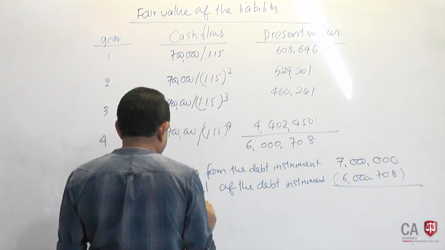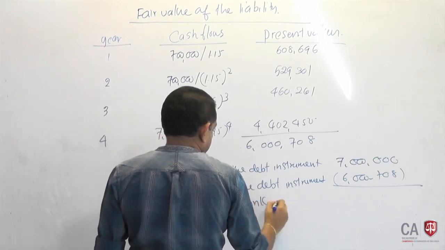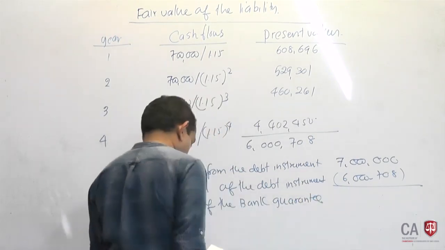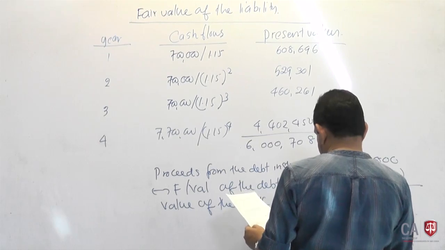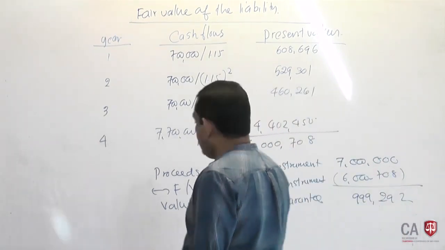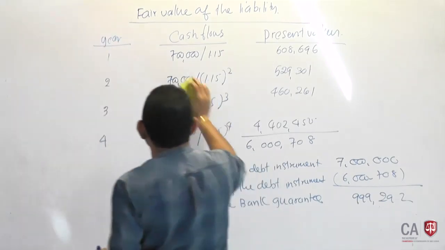Value of the bank guarantee, 999,292. Then let us see the accounting in the books of either company.